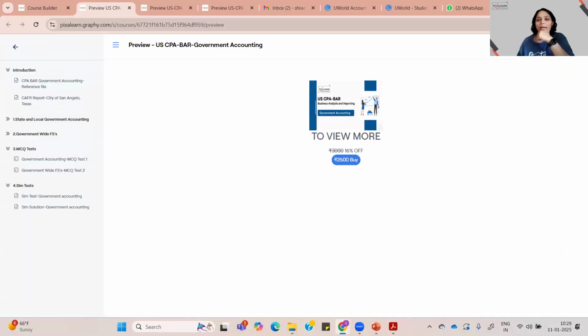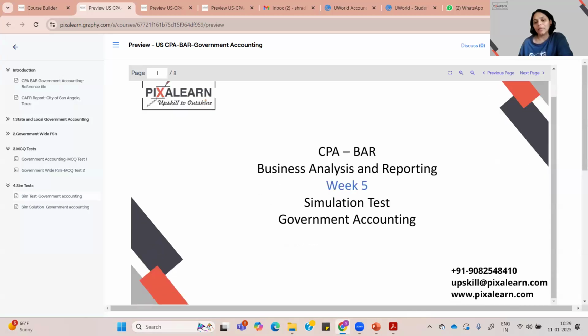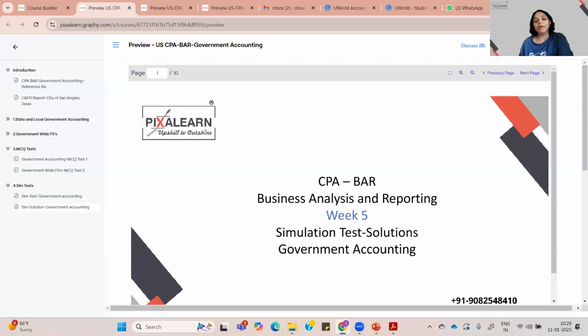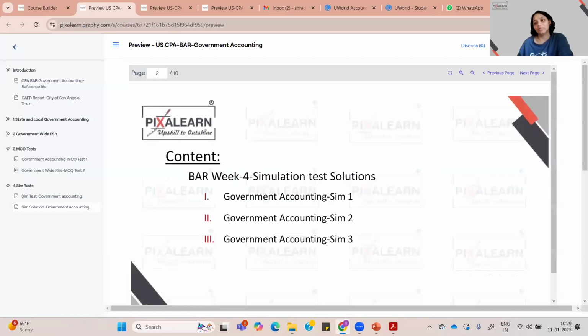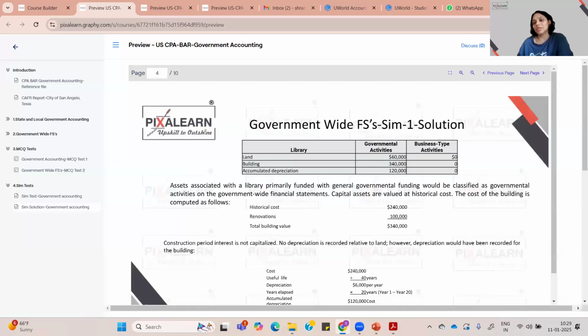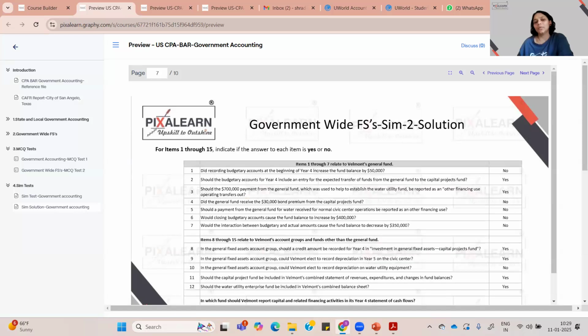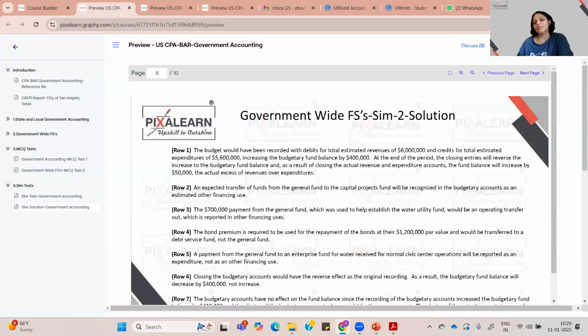But the SIM test will be like a normal PDF file where the questions will be uploaded and you will have to attempt it. Next week, I'm going to release the answers. The question will be shared with you, and there will be some annexures, and you will have to give the answers.